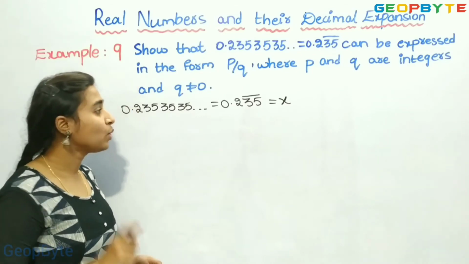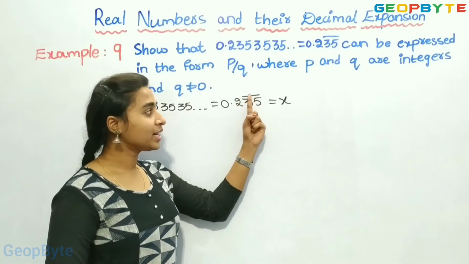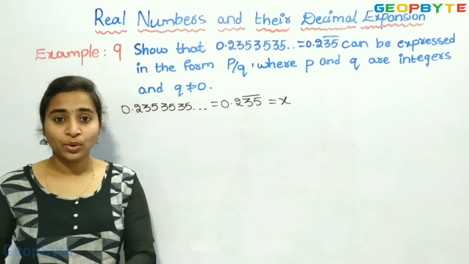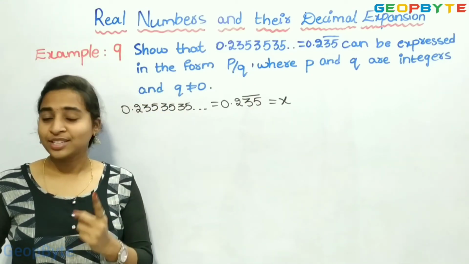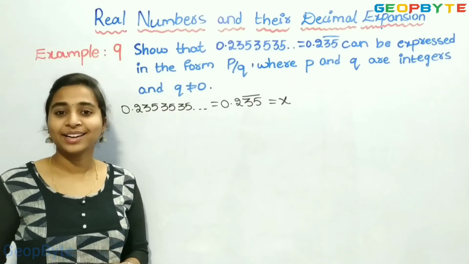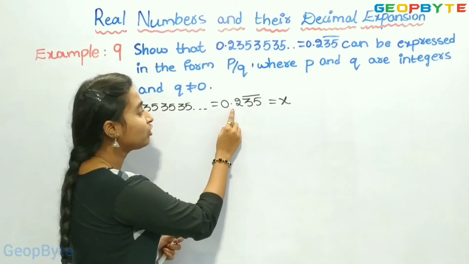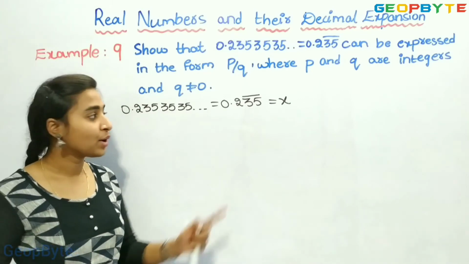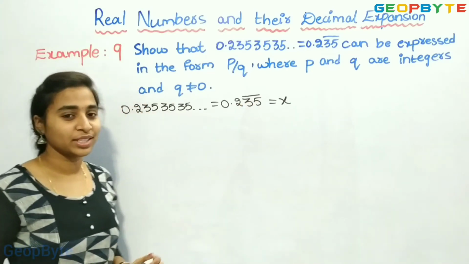Right? Now, if you see, the bar is there only for 2 digits. As you know, 2 digits means we need to multiply by 100. If you see, after the point we have 3 digits, but the bar is there only for 2 digits.